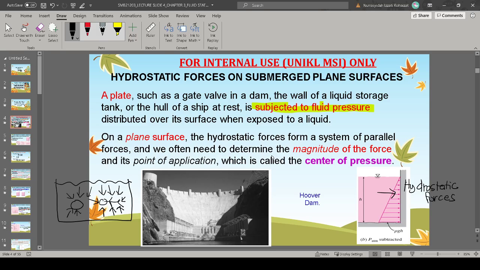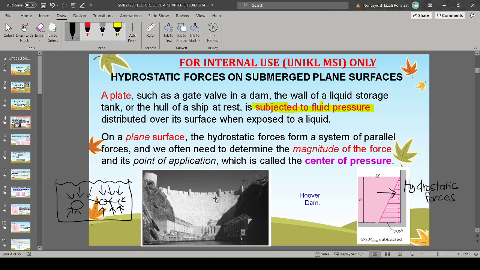For this topic, we will calculate on plane surfaces. We can determine the force, and then we can calculate the center of pressure, where it is actually acting on the plane surface submerged underwater. Let's take a look at this dam here.